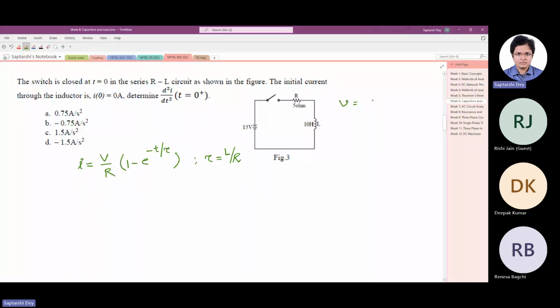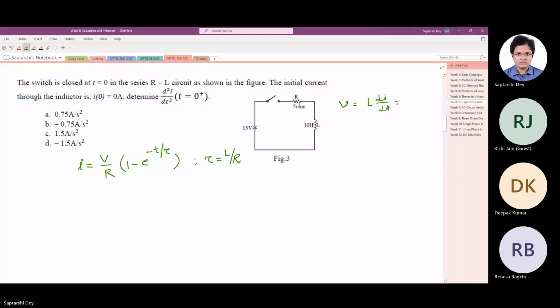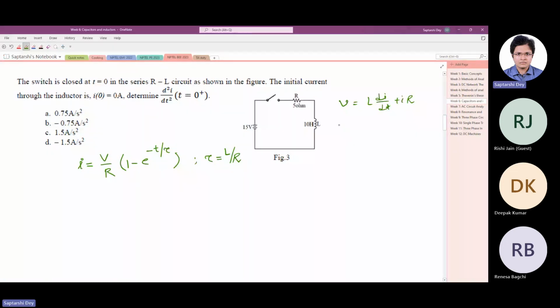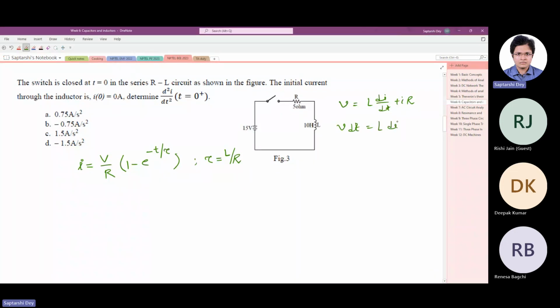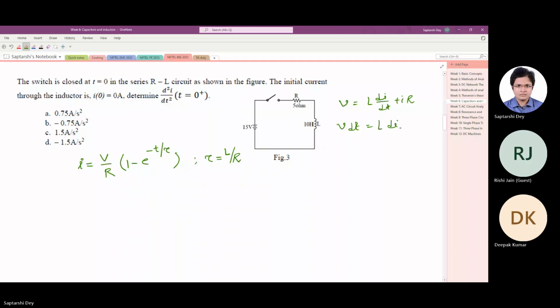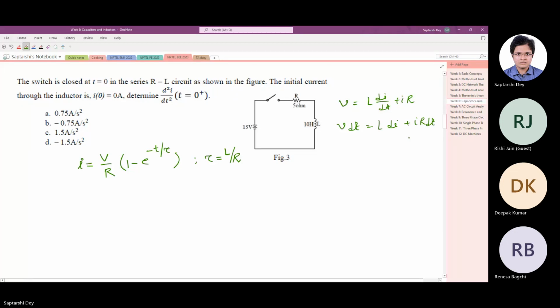Just write V equals L di/dt plus iR. Now what you have is V dt equals L di plus iR dt, where this voltage is constant.